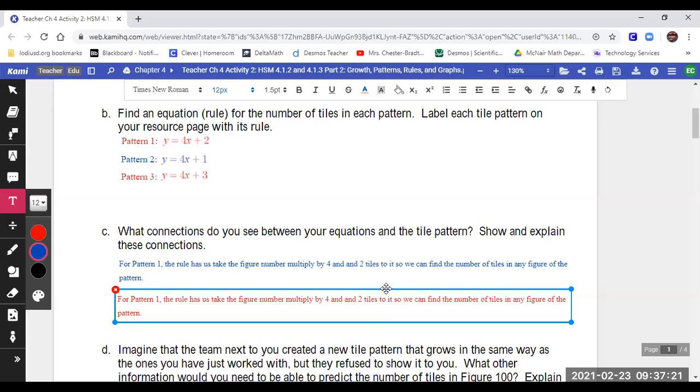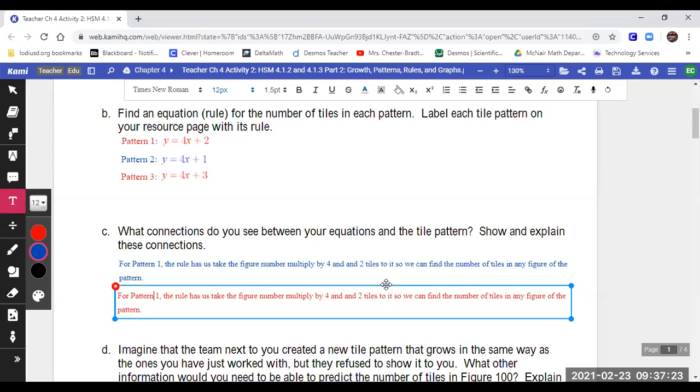To save myself time, knowing that they were very similar, I copied what I said for pattern 1, but I now have to make it clear it's pattern 2.